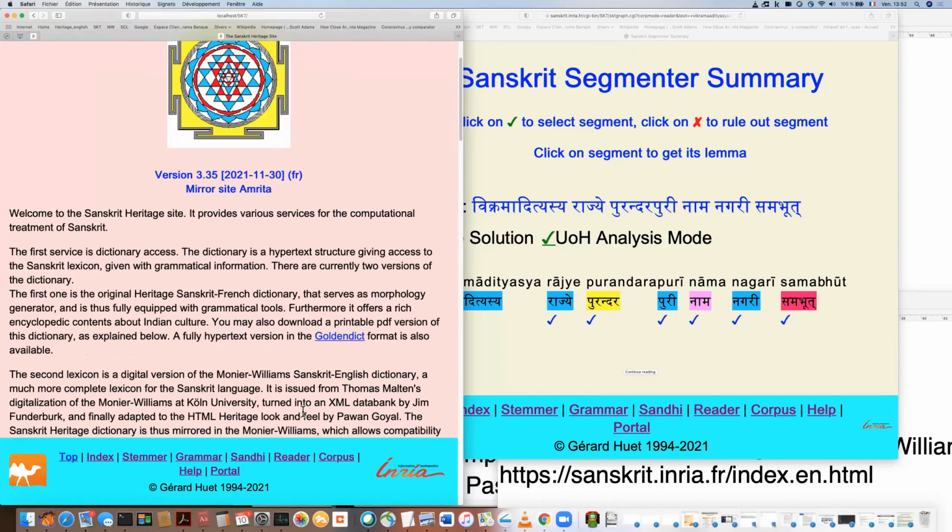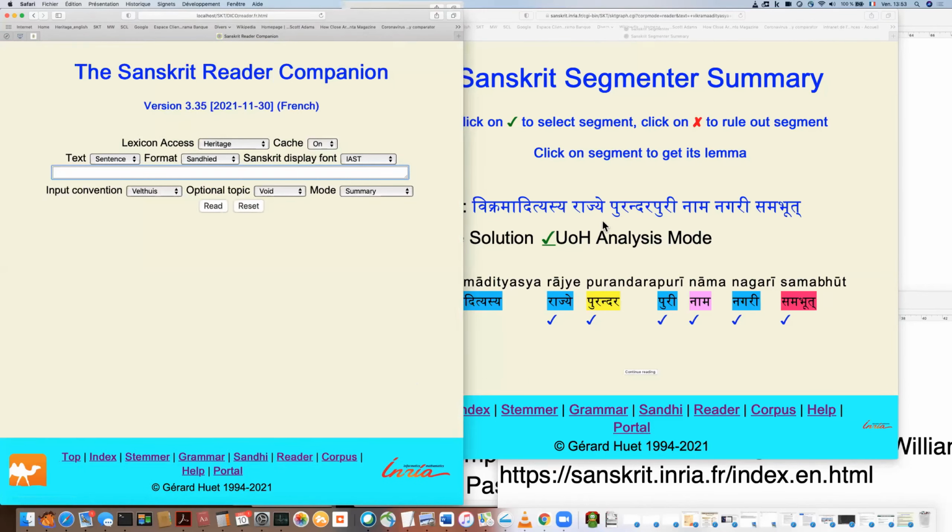Okay, so this exercise you should do, but of course not on my site, on the English site, either the English one on my server or the English one on the University of Hyderabad site.